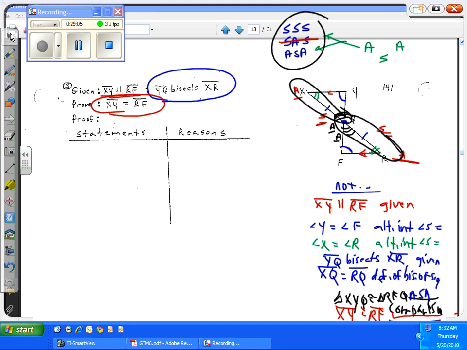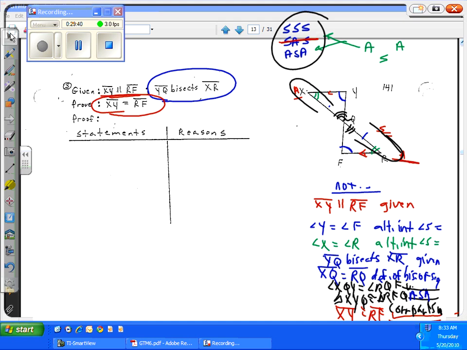So before we could say they were congruent by angle, side, angle, we needed to say that the two angles at Q, which are angle XQY, and in the correct order, angle RQF, are equal.